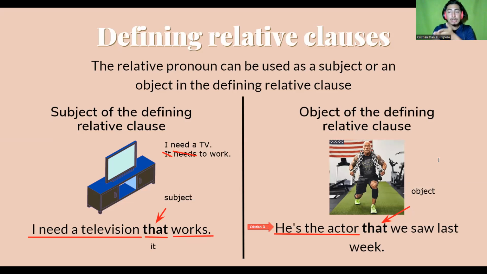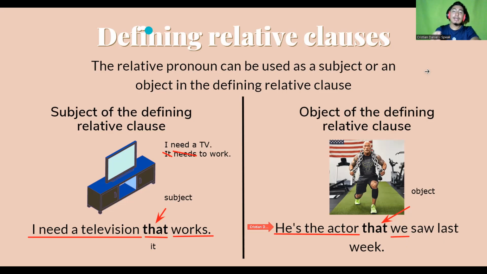The actor we saw last week. Okay, that's the object. As you can see, after the object of the defining relative clause, we use a subject. In this case, we, because of course we were the people who saw him. So here's the actor that we saw last week.